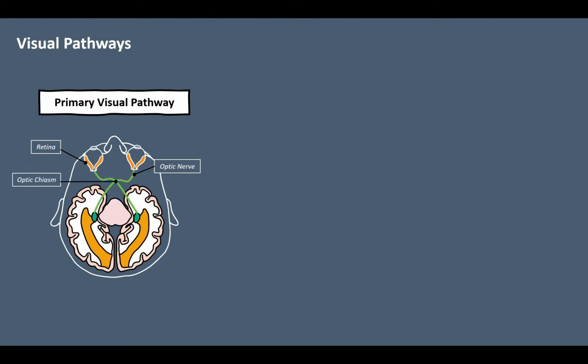Beyond the optic chiasm, the axons from nasal and temporal hemiretinae carrying input from one hemifield join in the optic tract, and the optic tract extends to the lateral geniculate nucleus of the thalamus. Therefore, the primary visual pathway is also called the geniculostriate pathway. The thalamic neurons then relay retinal information to the primary visual cortex.